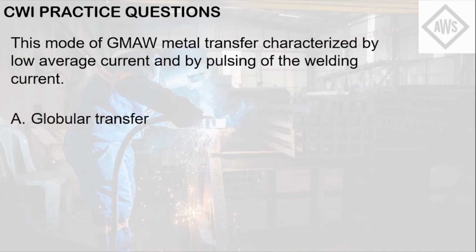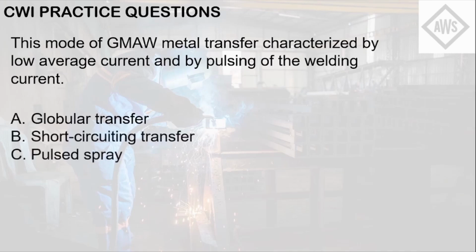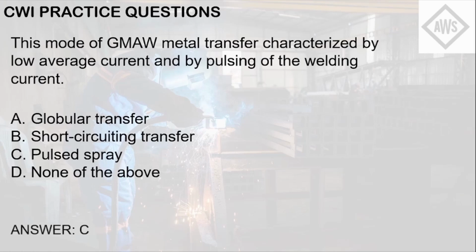Letter A, globular transfer. Letter B, short circuiting transfer. Letter C, pulse spray. Letter D, none of the above. From the question itself, it indicates pulsing and low average current. So the answer here is fairly obvious, pulse spray. Letter C.